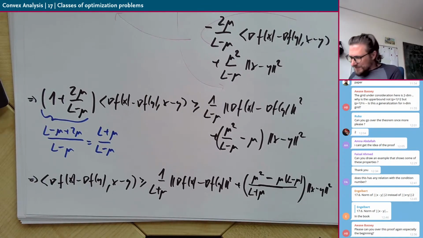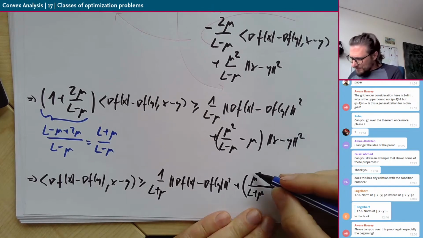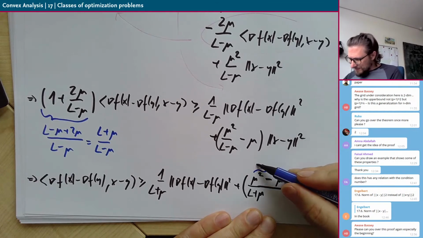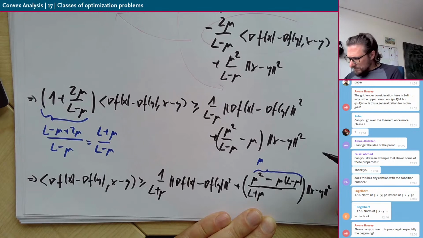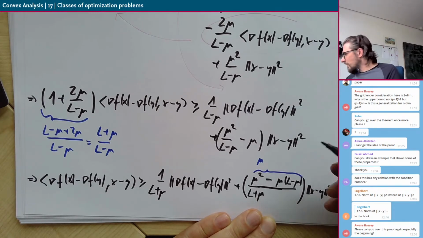And it remains to check that what is up here is actually nothing else than mu squared.